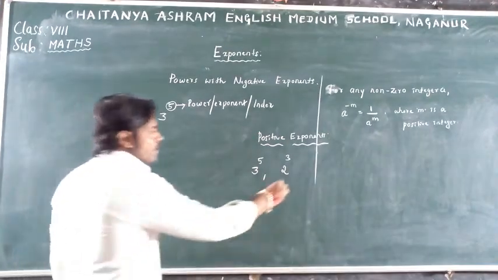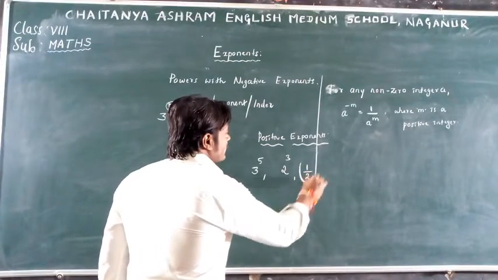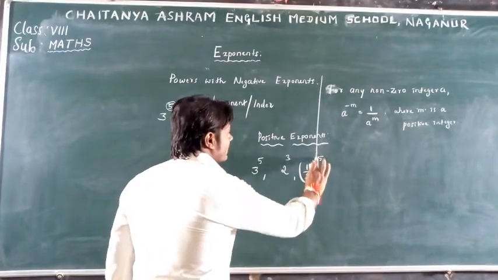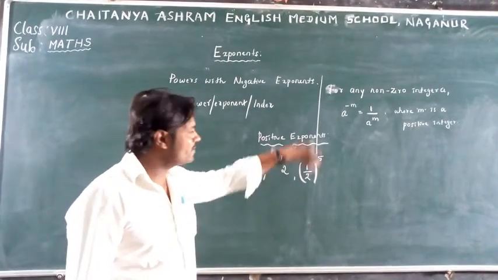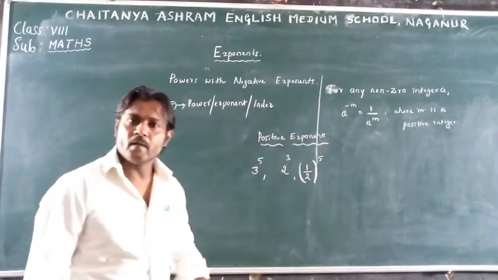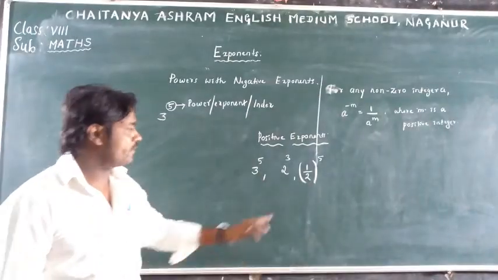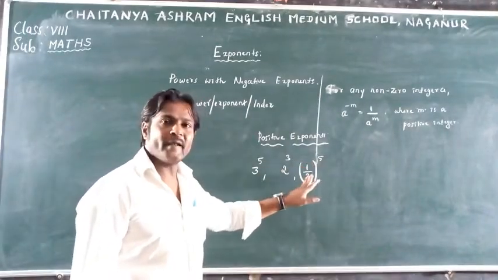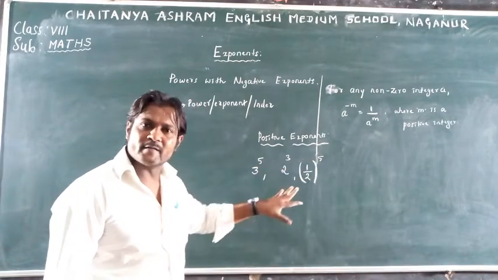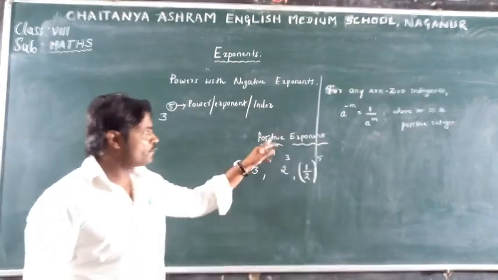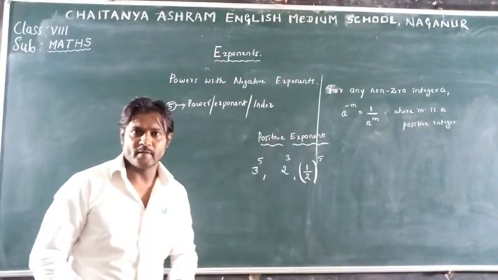Understood? Consider (1/2) raised to the power 5. What is the base? The base is 1/2. What is the power? The power is 5, a positive integer. So the power of this exponent is positive, and such exponents are called positive exponents. Clear?